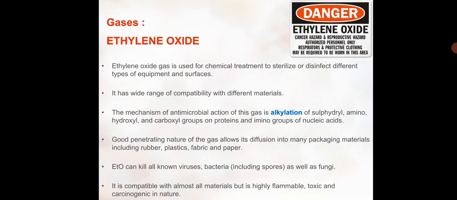Good penetrating nature of the gas allows its diffusion into many packaging materials, including rubber, plastics, fabrics, and paper. Ethylene oxide can kill all known viruses, bacteria, including spores, as well as fungi. It is compatible with almost all materials, but is highly flammable, toxic, and carcinogenic in nature.